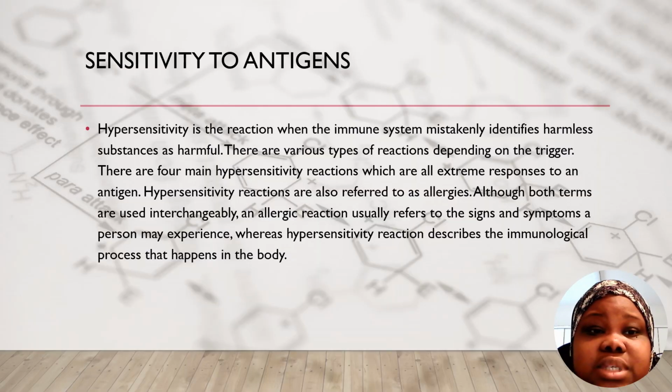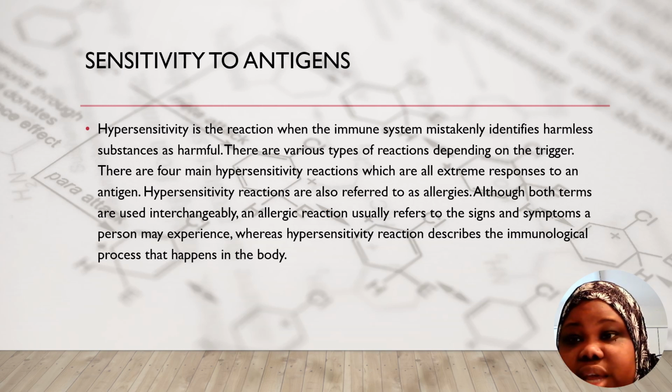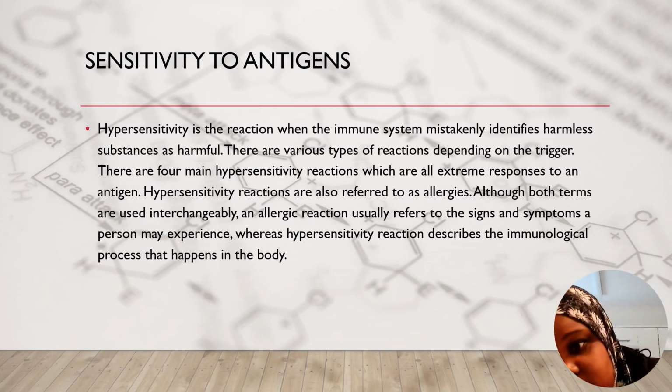So, hypersensitivity is the reaction whereby the immune system mistakenly identifies harmless substances as harmful. It can trigger various types of reactions, from allergic reactions, which can be caused by things like shellfish, latex, and dust.